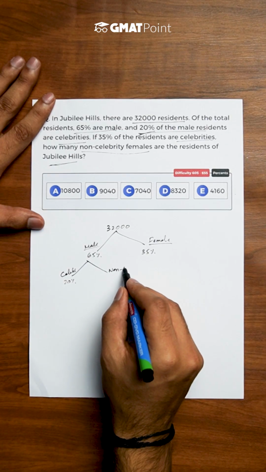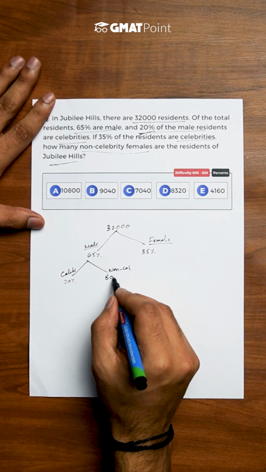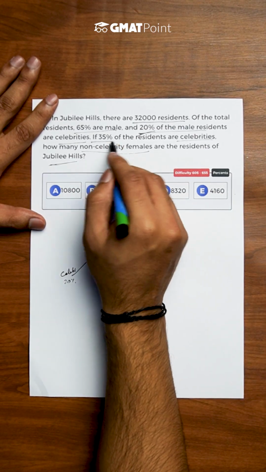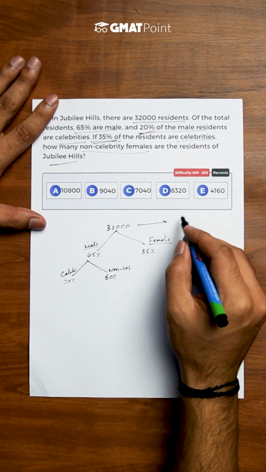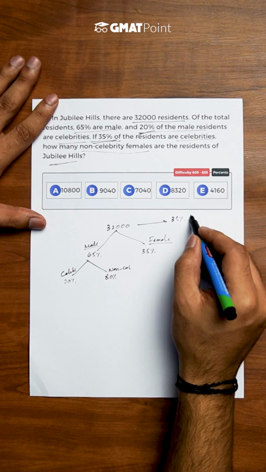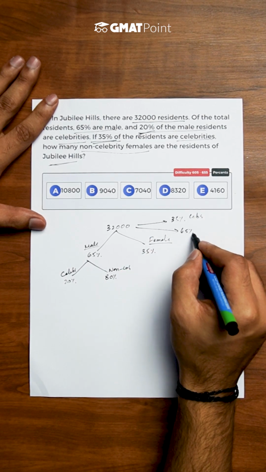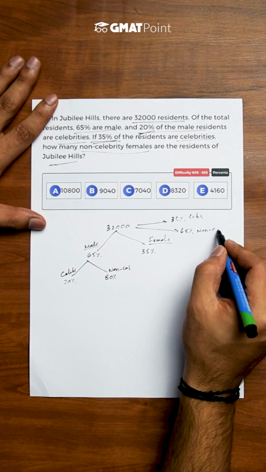So non-celeb male can be calculated as 80%. Now we are also given that 35% of the total residents are celebrities. So the non-celeb residents are 65%.